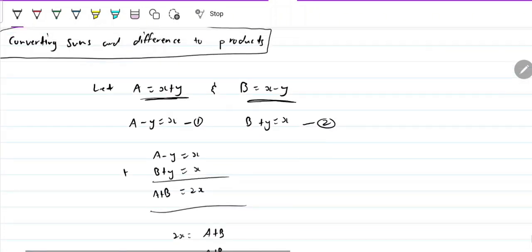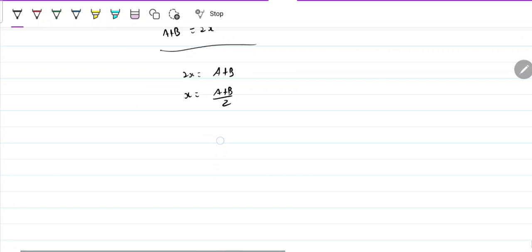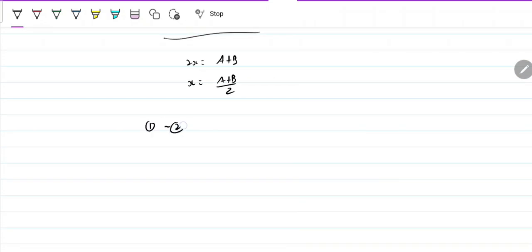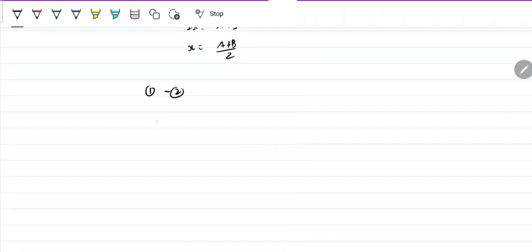Now, if I wanted to find an expression for y in terms of A and B, I'll simply subtract the two equations. So that'll be equation 1 minus equation 2, which is A minus y is equal to x, minus B plus y is equal to x.